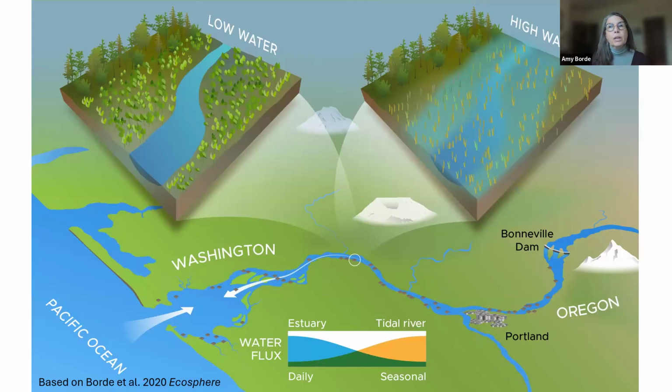We've done a lot of work to understand how that hydrology affects the plant communities and the wetland communities within this system. So we've looked at a lot of what we term reference sites, sites that have been least disturbed, to really try to understand that dynamic and those processes.